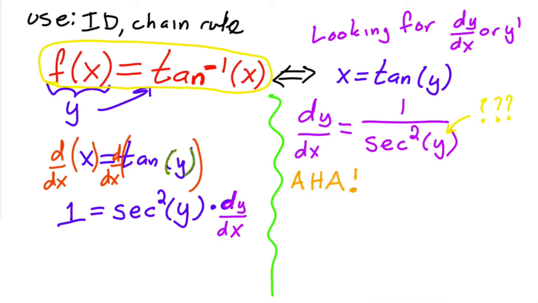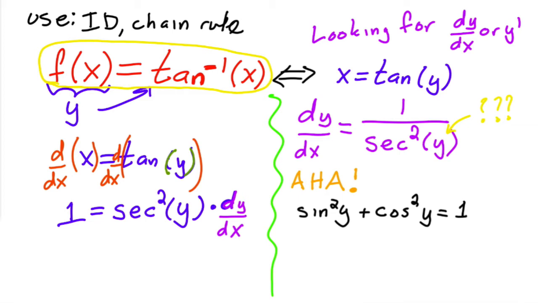You remember you had an identity that looked like sine squared, and let me write it with y's so that we don't get confused, sine squared y plus cosine squared y is equal to 1.